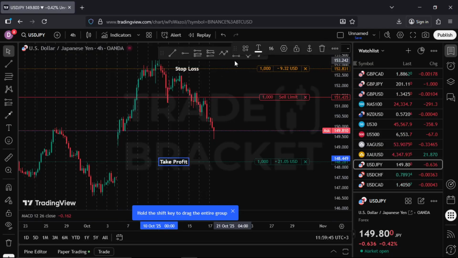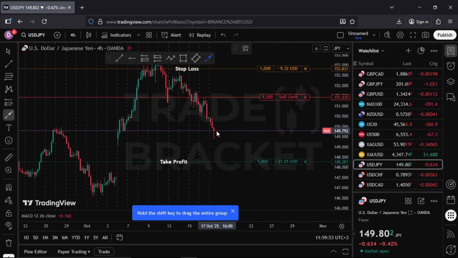Let me drag this a little bit, let me get it out of the way. If the price comes back from here, because this is what price is currently at, and hits my sell limit order, it will be executed automatically, so I will enter that trade automatically.